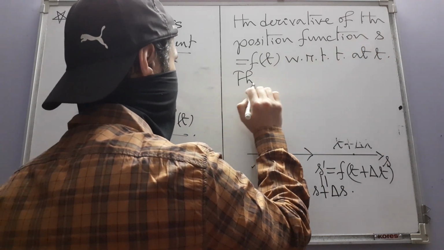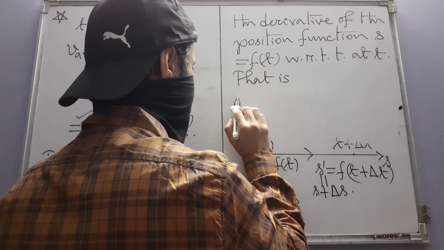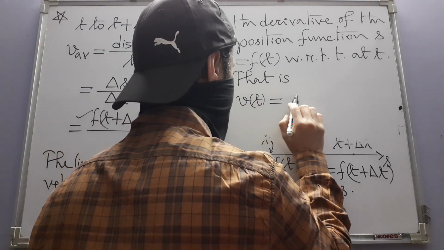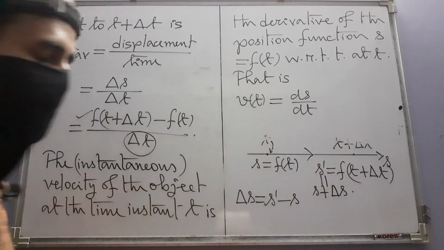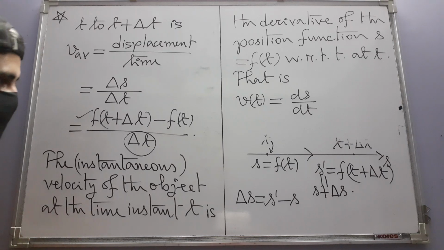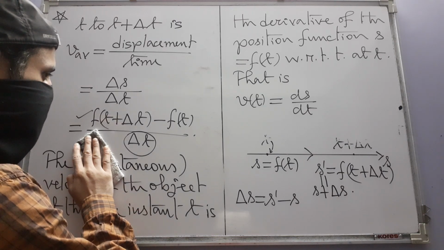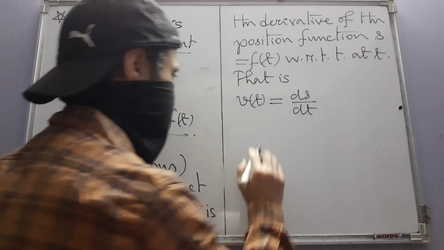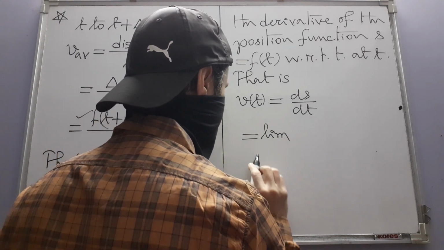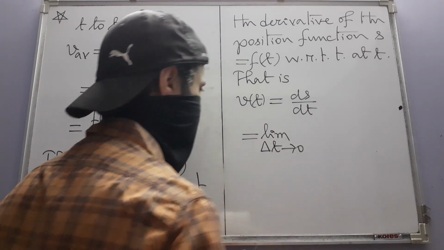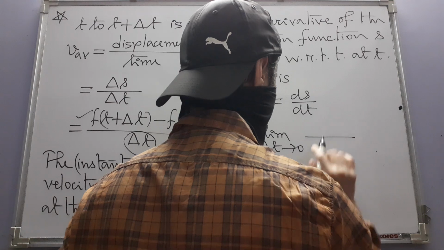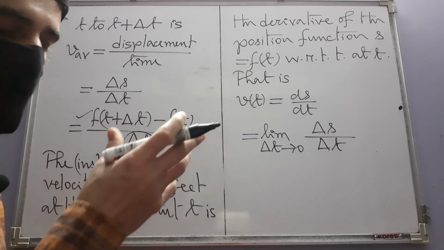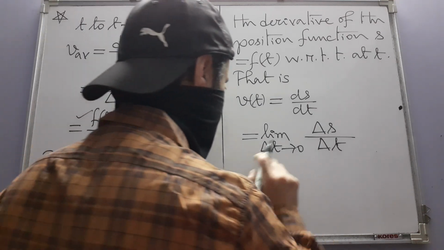That is, the instantaneous velocity, which is v of t, is just this ds dt, and that ds dt, I think now I can get rid of this diagram, is the limit of the average velocity as the time interval over which we calculate the average velocity becomes smaller and smaller in length as delta t approaches 0.